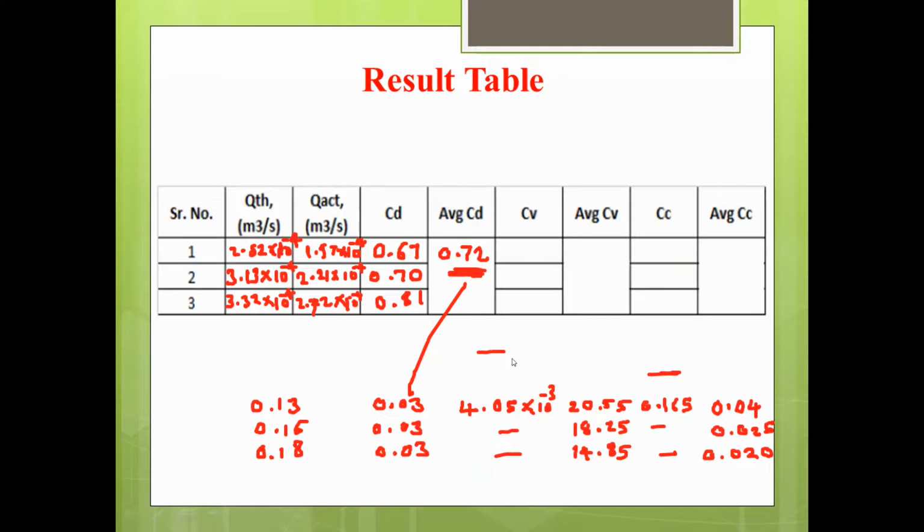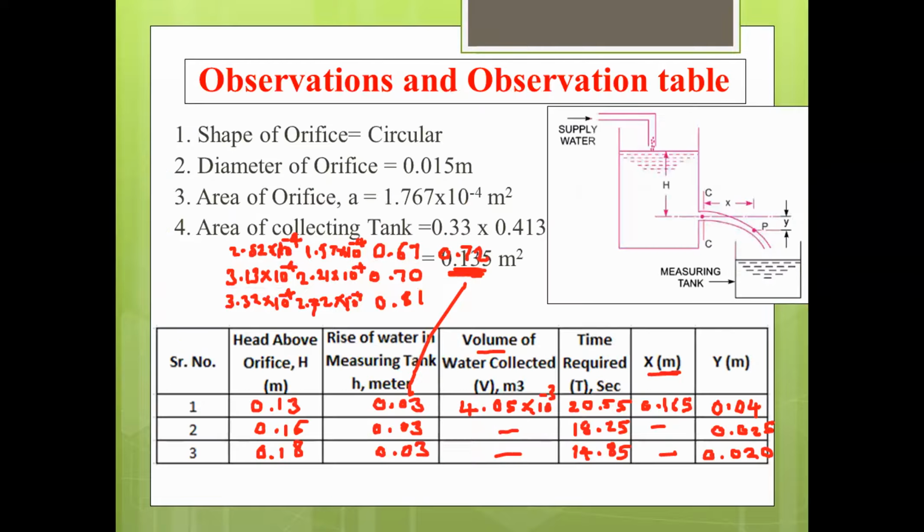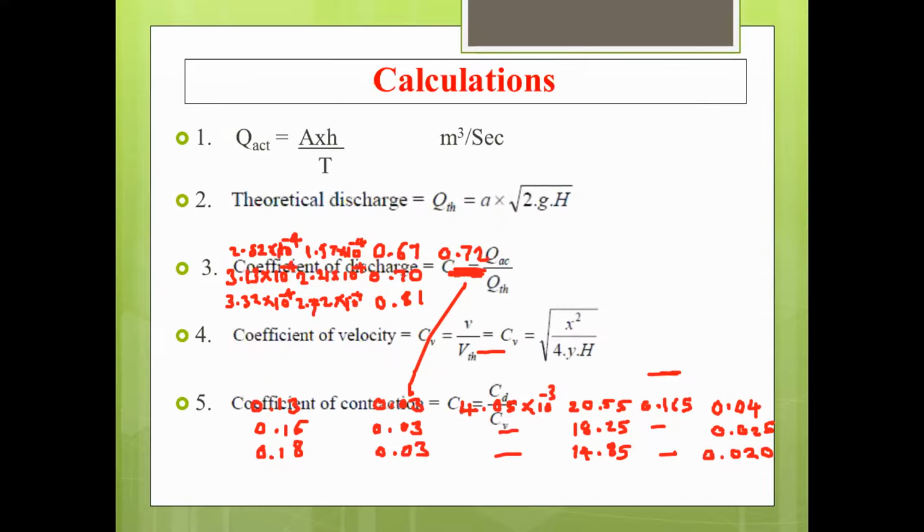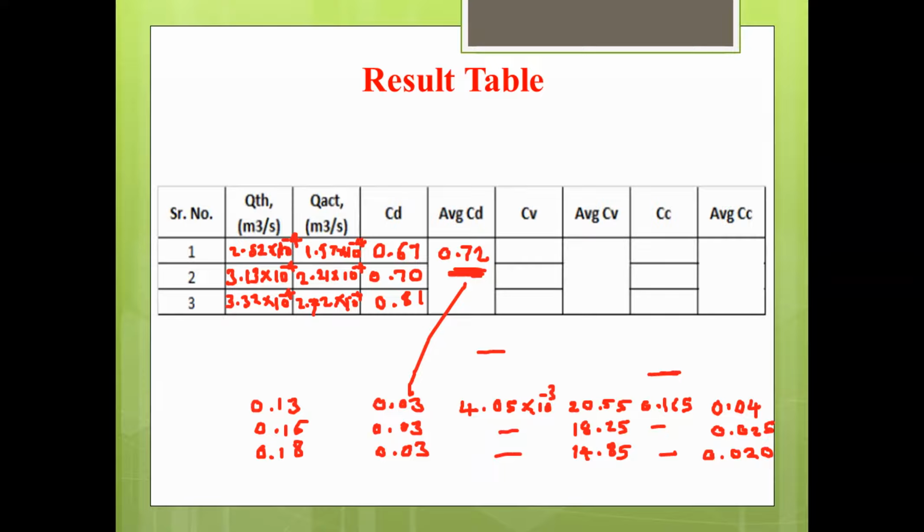H is capital H, that is 0.13 for the first reading, into Y. 0.04 is the Y for the first reading. Bracket complete, CV is coming 1.14 for the first reading.